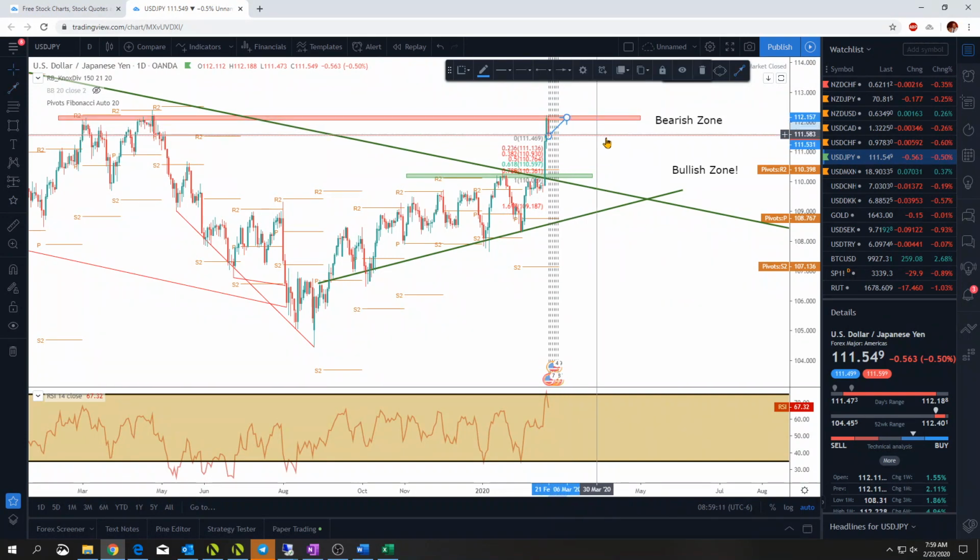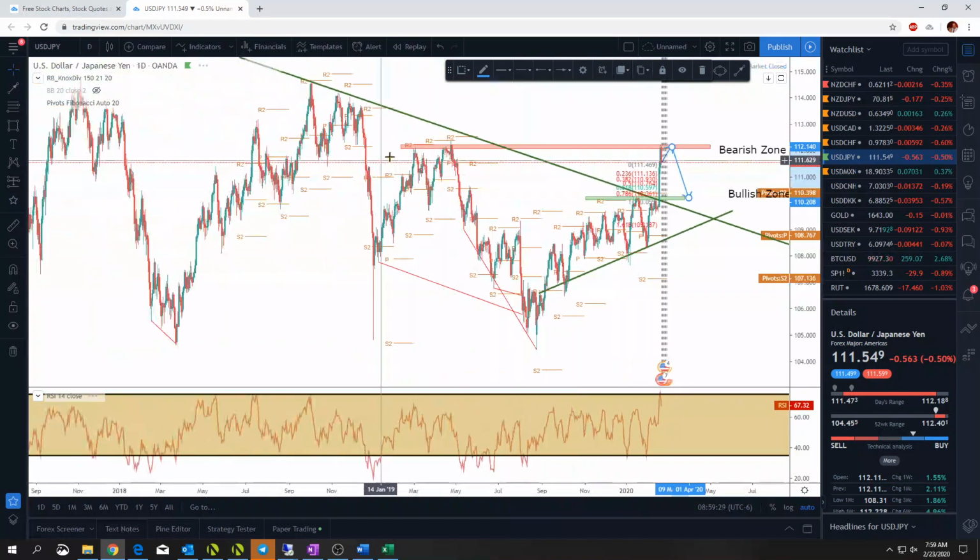I'm expecting price to come retest this area, and that's where the bulls and bears are going to decide if we're going to get a good long break, or you're going to get a break above this level, and those of us stuck in short trades are going to have to decide it's over, because the next level is all the way up here at the 114.